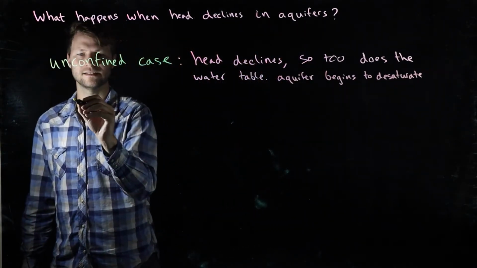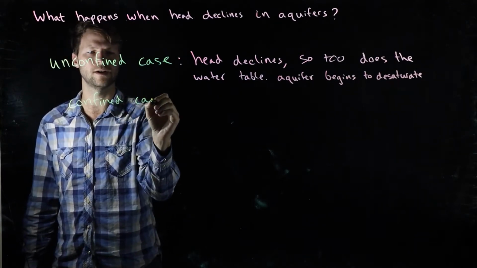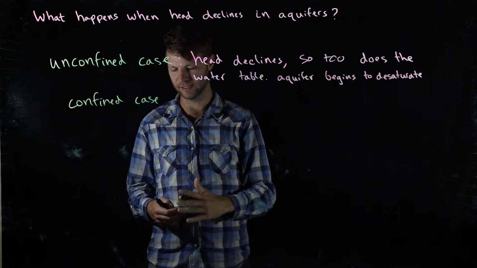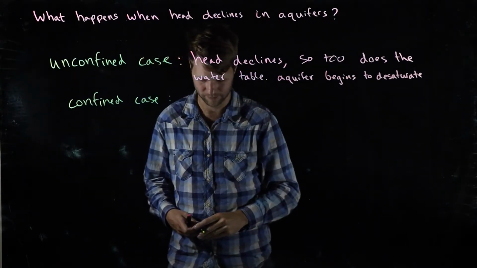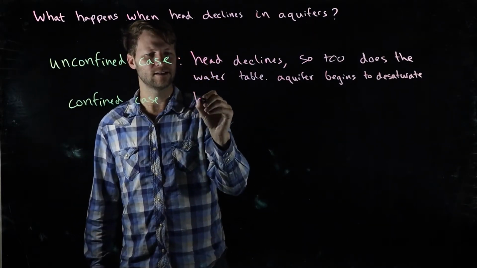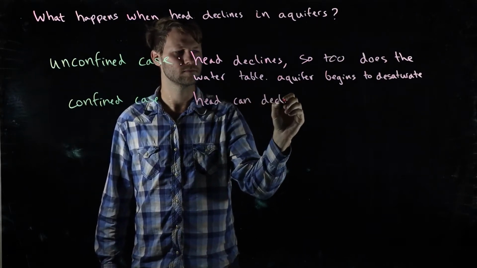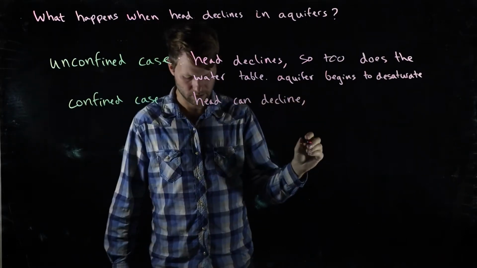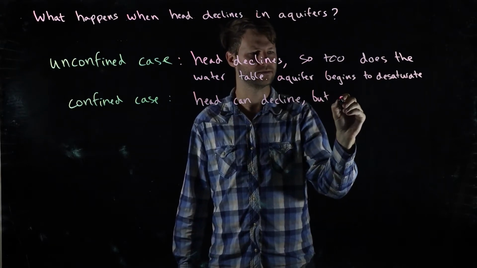In contrast, in the confined case, where you have an aquifer that's pressurized between two confining units, two aquitards, the head can decline in this case, but the aquifer can remain saturated.